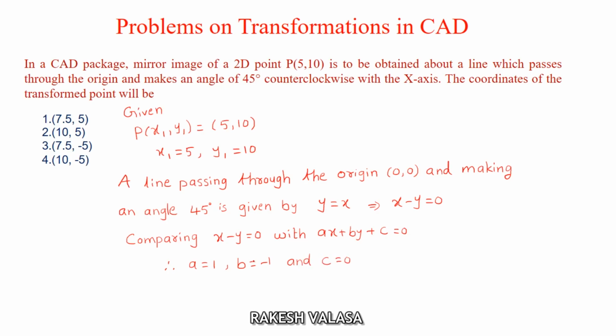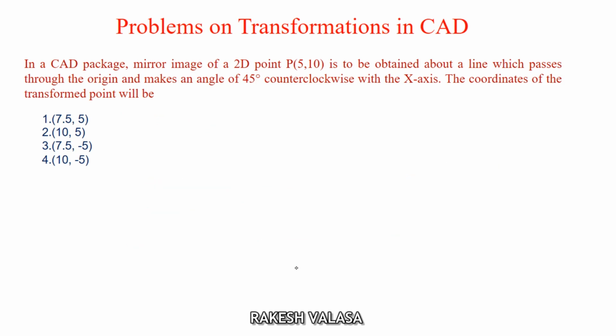Now substitute these values in the previous equation, that is (x2 minus x1) by a equal to (y2 minus y1) by b equal to minus 2 into (ax1 plus by1 plus c) by (a square plus b square).